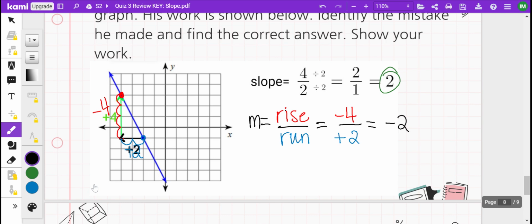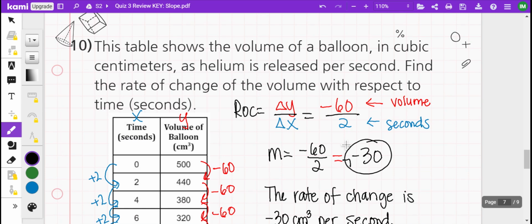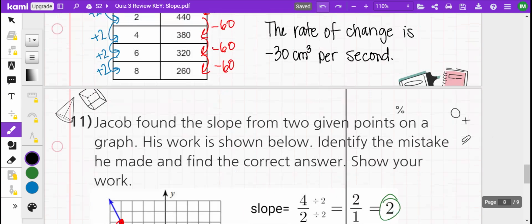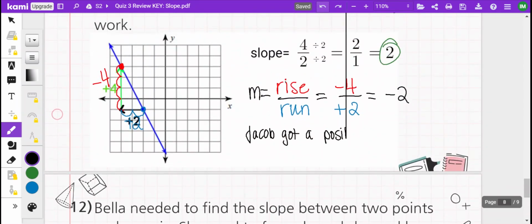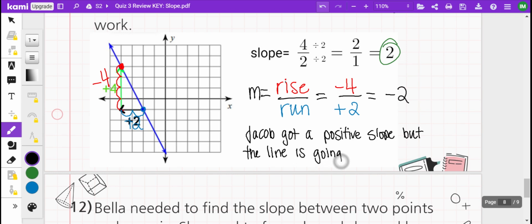So our final answer is Jacob got a positive slope, but the line is going down, meaning it should be negative.